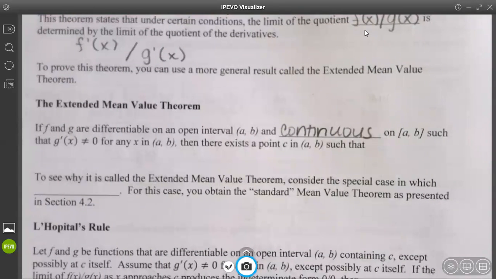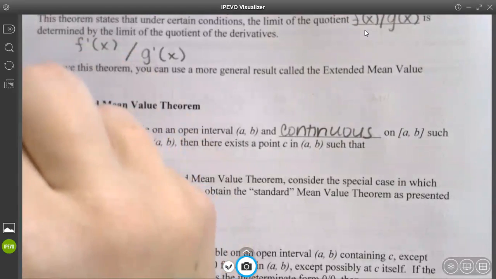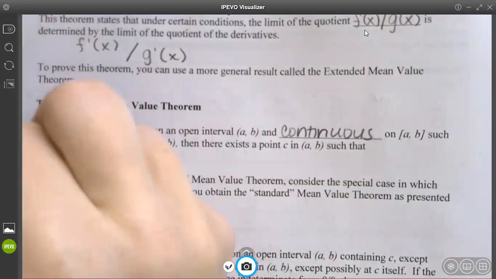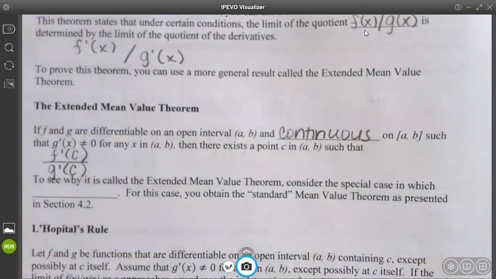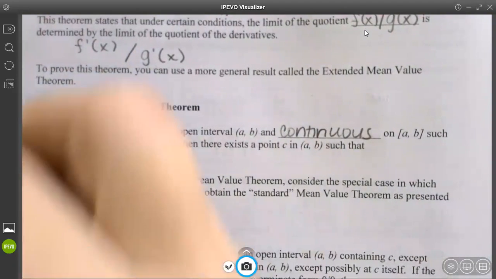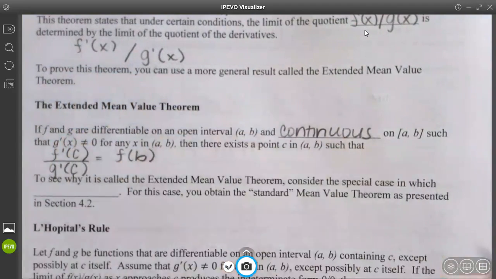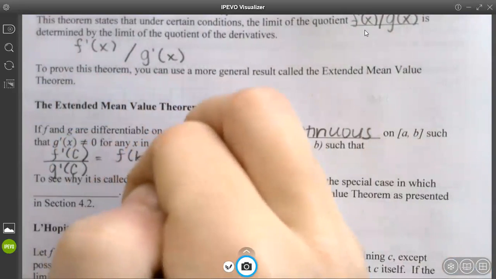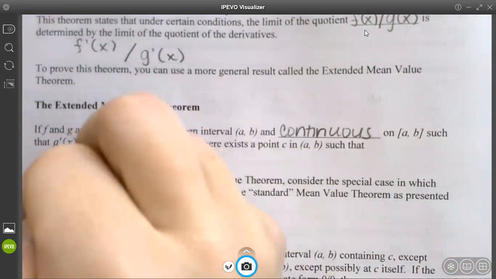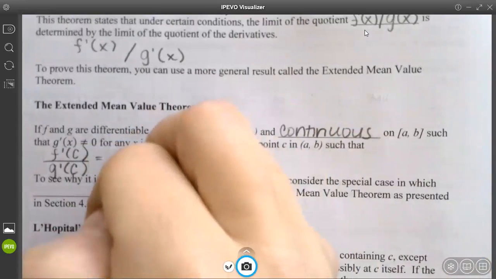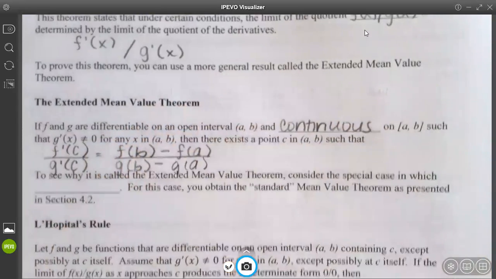For any x in the open interval a to b, then there exists a point c in a and b such that f prime of c over g prime of c is going to be f of b minus f of a over g of b minus g of a.